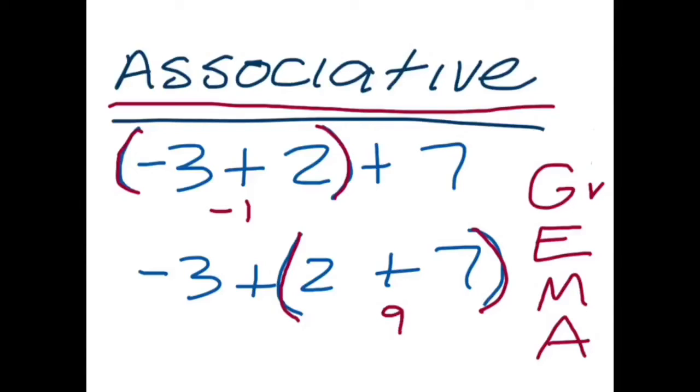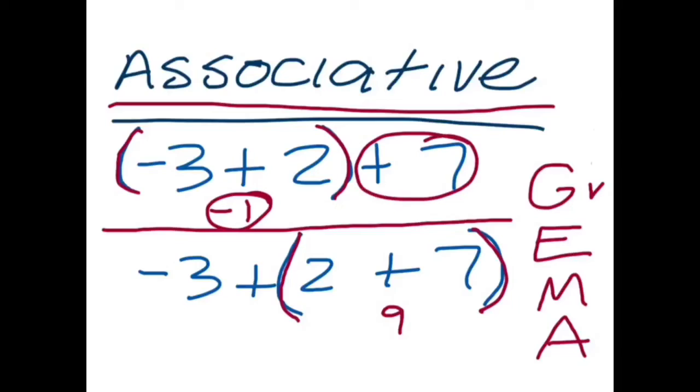Since they're both positive, 9 remains positive. So far so good? Now, let's go back upstairs. We have a -1 and a +7. The signs are opposite, so we subtract the numbers, which is 6. The answer takes the sign of the larger number. 7 is larger than 1, so it stays positive, and our answer is 6.